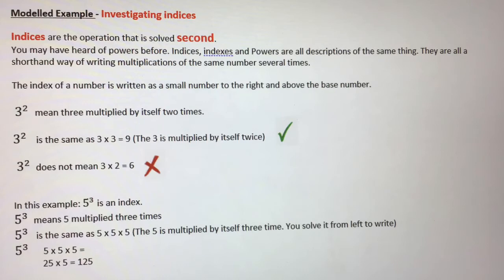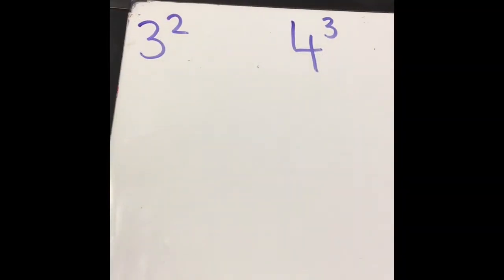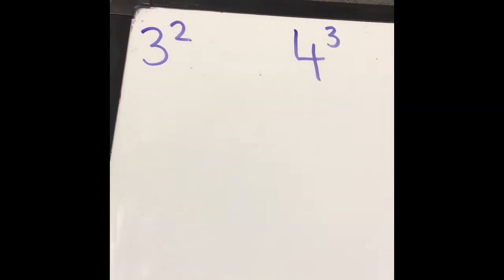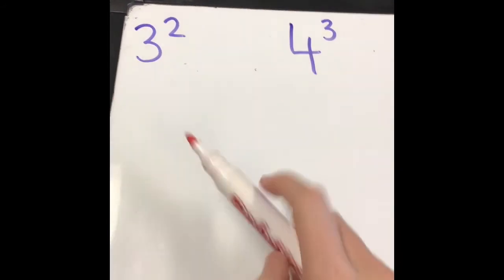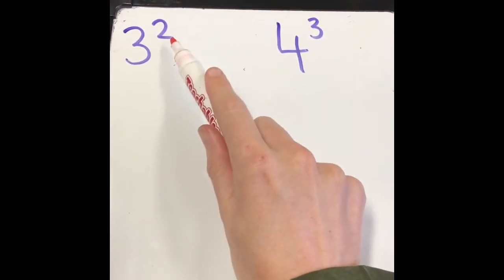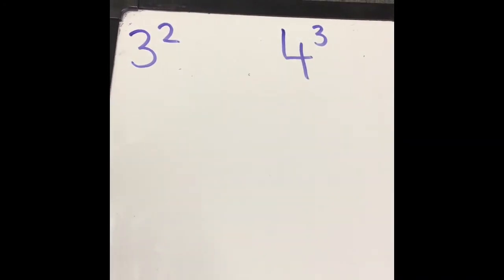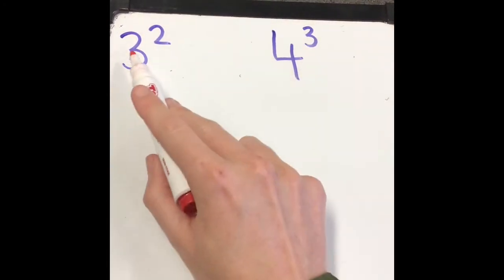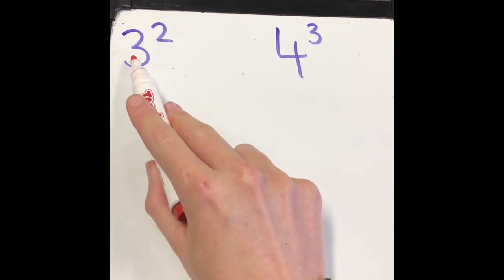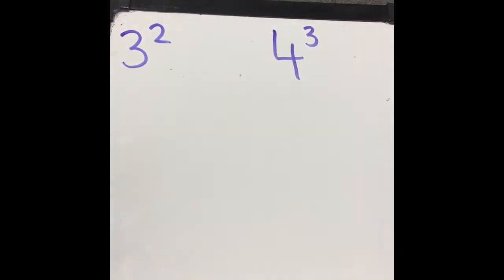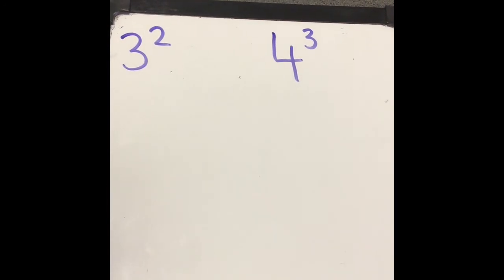So we're going to apply our new knowledge to a problem that includes multiple operations. So let's have a practice solving these indices. As you can see here, we have 3 to the power of 2 and 4 to the power of 3. Remember, all that means is that 3 is multiplied by itself 2 times and 4 is multiplied by itself 3 times.